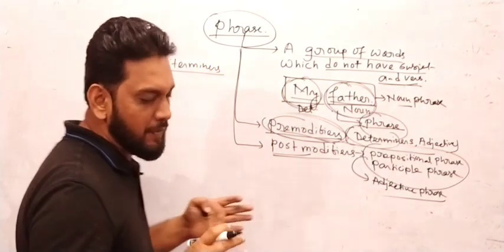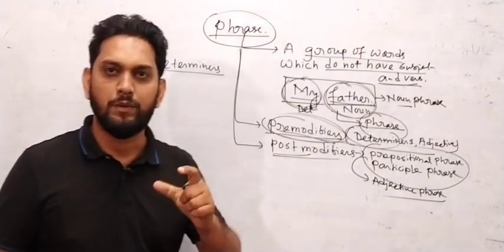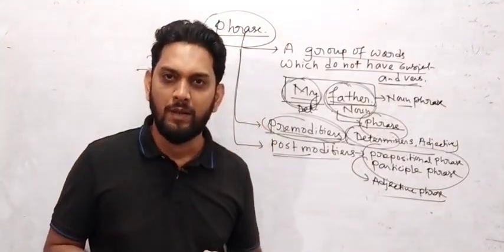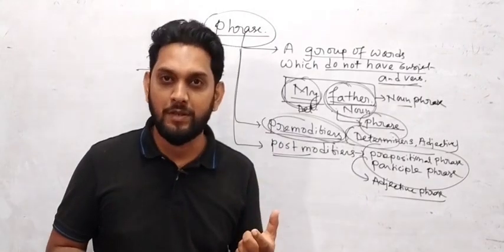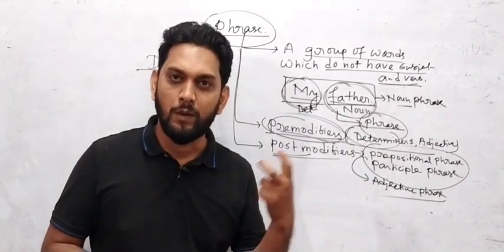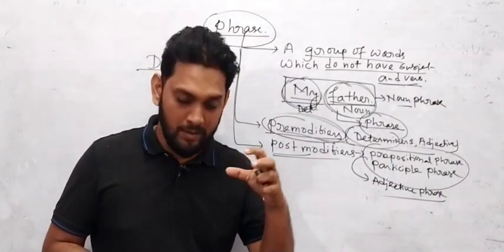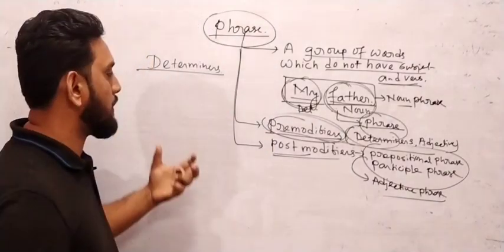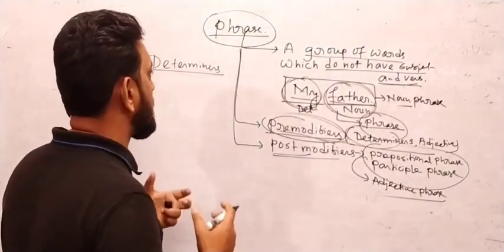Determiners are very crucial. Determiners also have been divided into different forms: one is quantity based determiners, another is quality based. We have to study all those later on, but today I'm going to discuss the phrases.